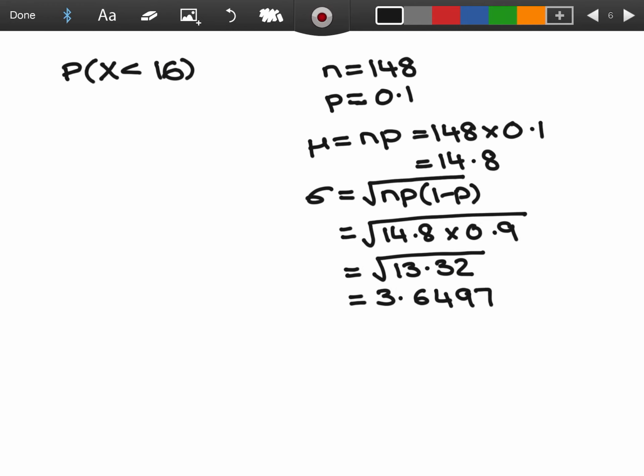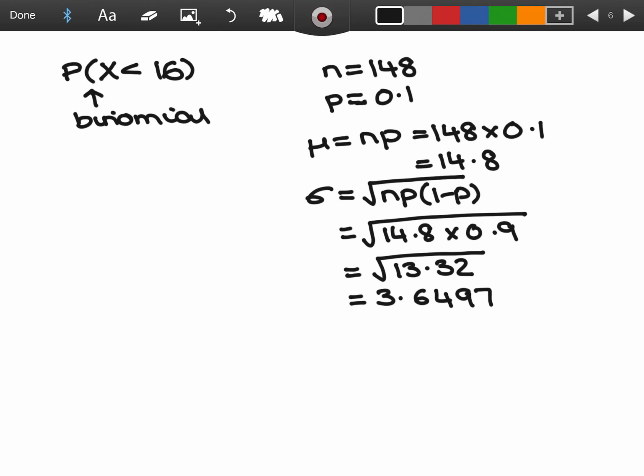At the moment I am in binomial, but I've got a less than. In order to do continuity correction, I either need a less than or equal to or a greater than or equal to, and currently I have a strict inequality.